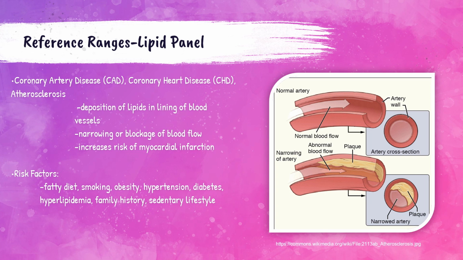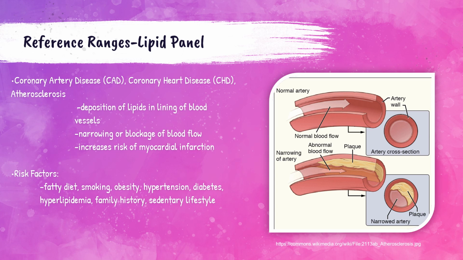Everything is clear, allowing normal blood flow. The artery at the bottom, on the right-hand side of the slide, has a buildup of lipids, or plaque, which narrows the artery and blocks the flow of blood within it.